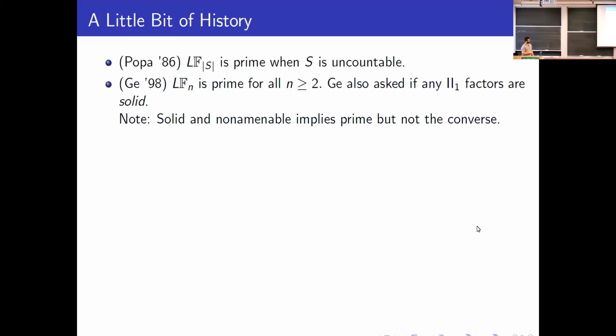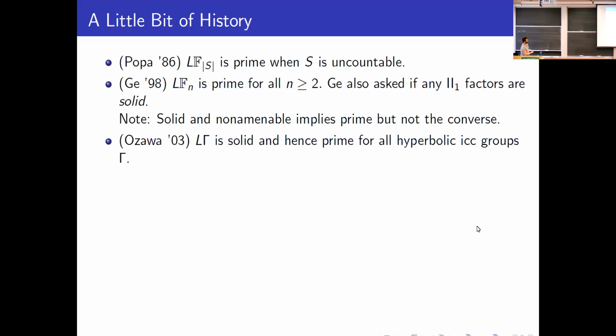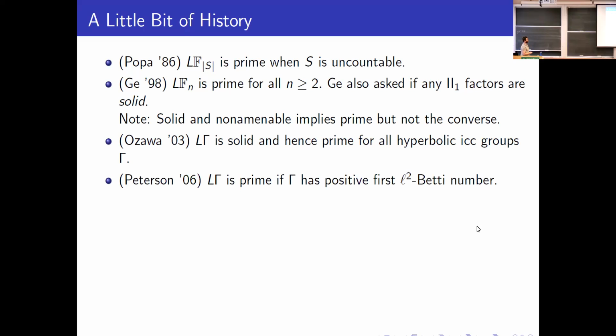Then in the late 90s, Ge proved that there are separable examples: the free group factors are prime. And again, like Chifan said, yes, they're solid. Ozawa proved that hyperbolic ICC groups have solid group von Neumann algebras, and hence prime, as long as they're non-amenable, but this is a relatively easy condition to satisfy.